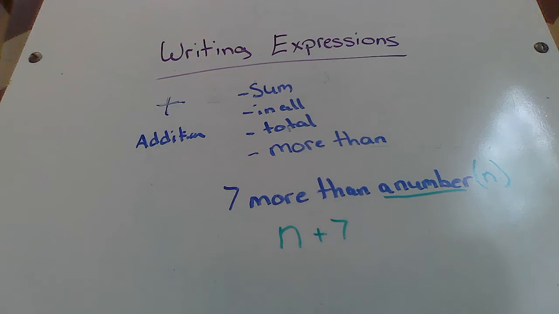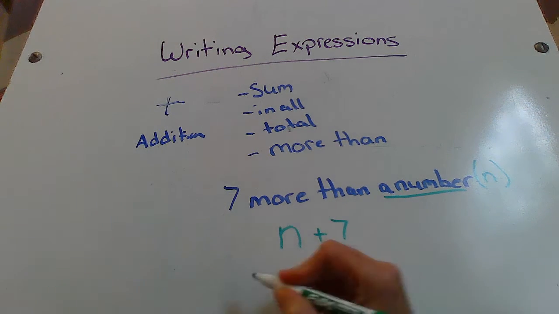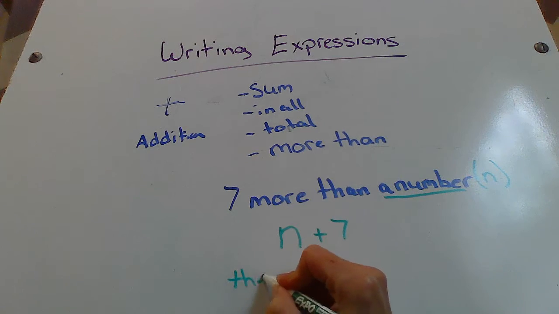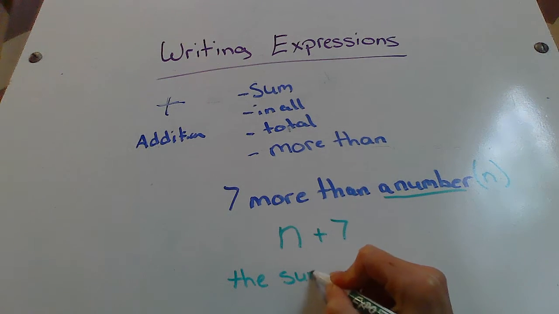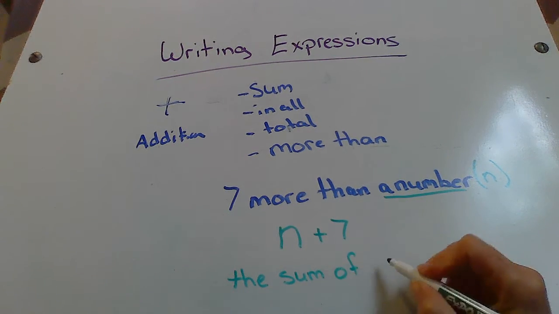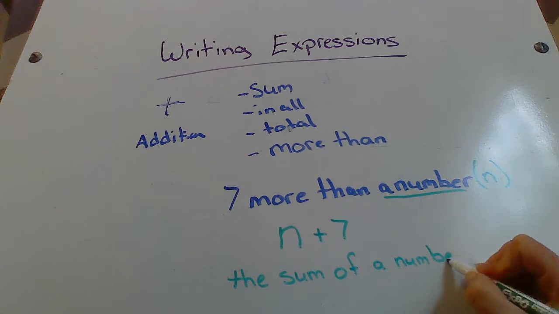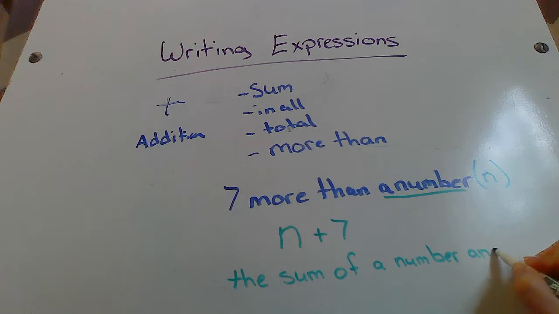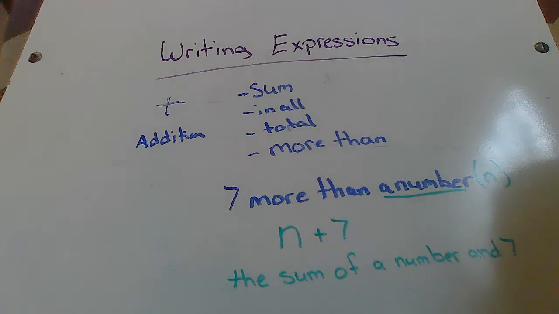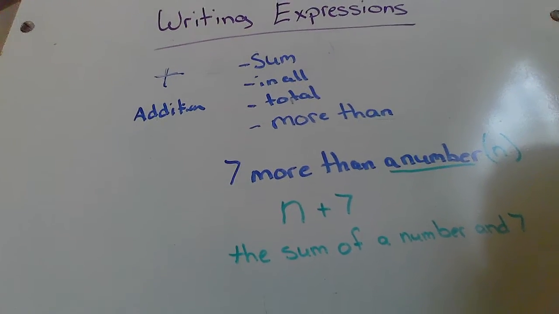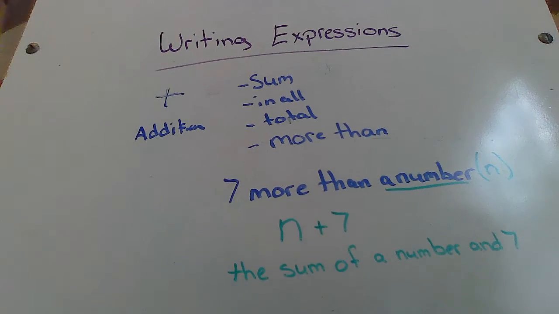You might also see this same expression written as the sum of a number and 7. That's another verbal expression that would go along with n plus 7. Another thing you could say for that would be the total.